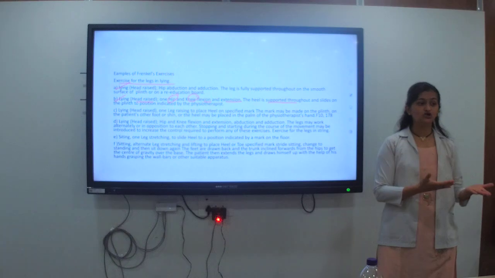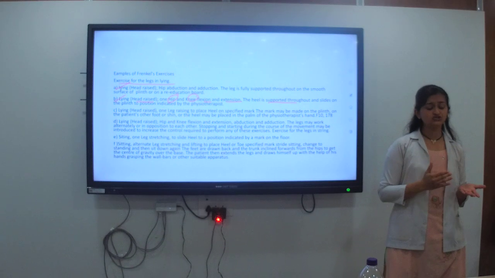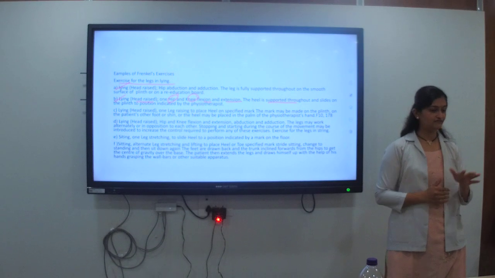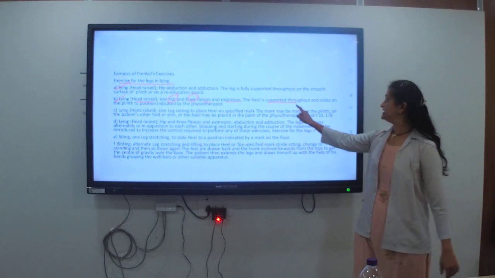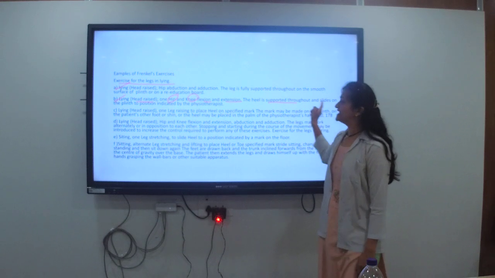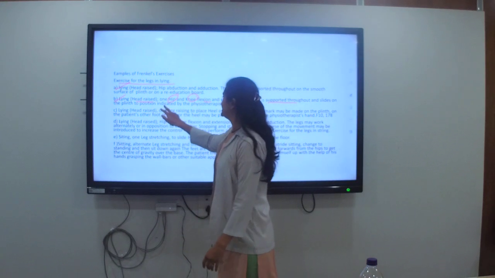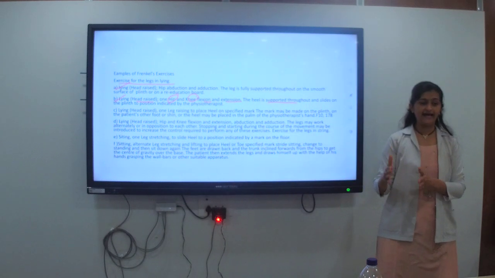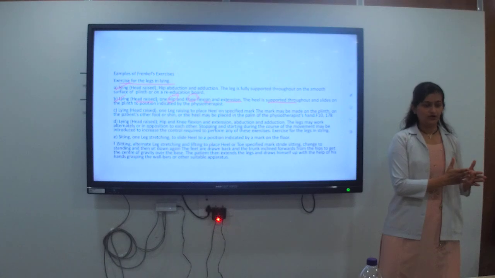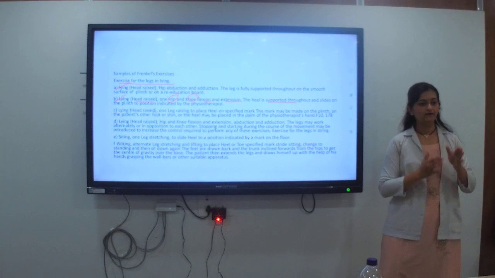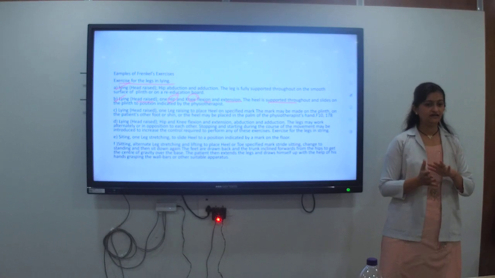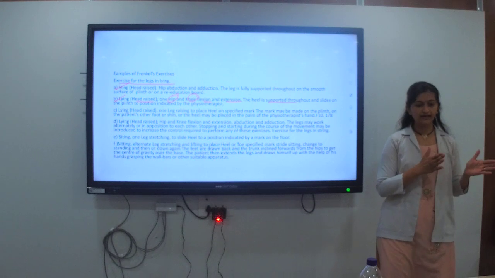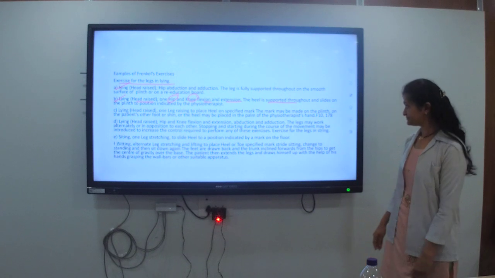It means the distal joint is fixed to the plinth or any supporting surface. So the heel is supported throughout and slides on the plinth to the position indicated by the physiotherapist. You just drag your heel. Ultimately the knee and the hip together go into flexion, and again you take it down.